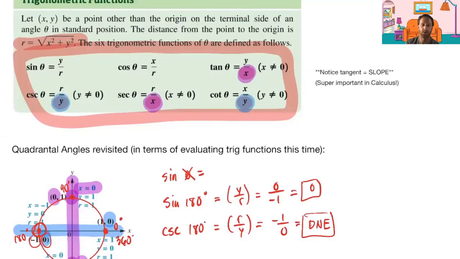And we said there are certain things that also have issues when our x is in the denominator, 0. Notice those are all of the things that are not sine and cosine. Of our 6 trig functions, sine and cosine are our absolute favorites because they don't have the issues that some of those other ones do. So when we're trying to work in our trig land that we're going to be dealing with and adding more and more things, we're going to be talking about sine and cosine the most and first, because they're the easiest to work with.